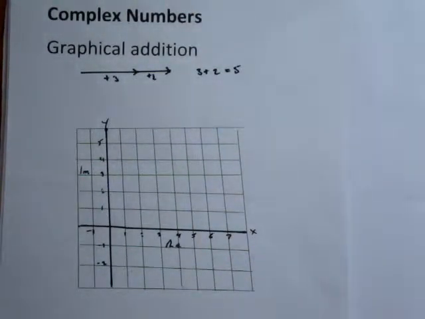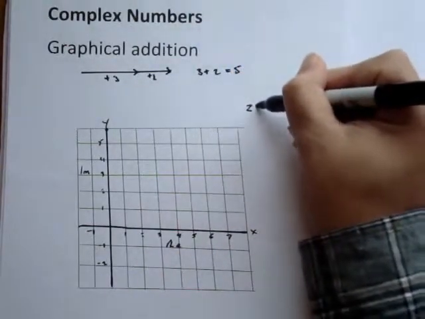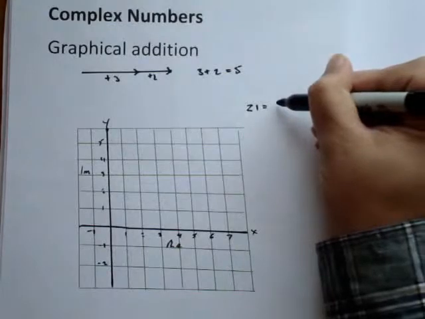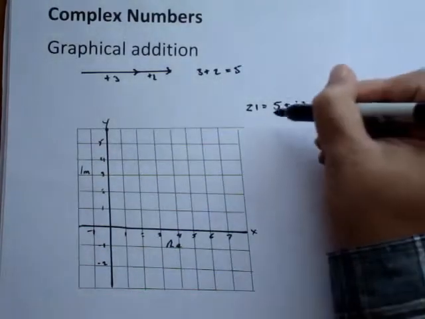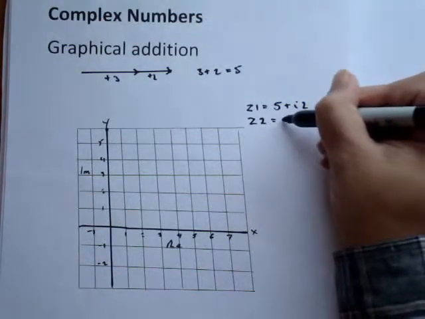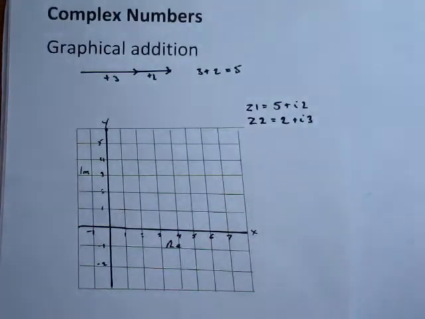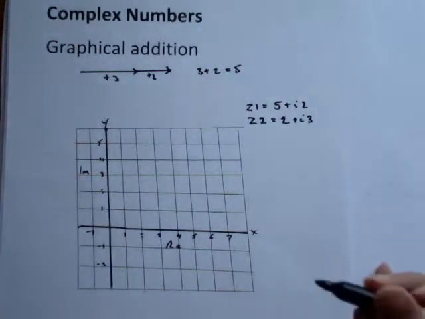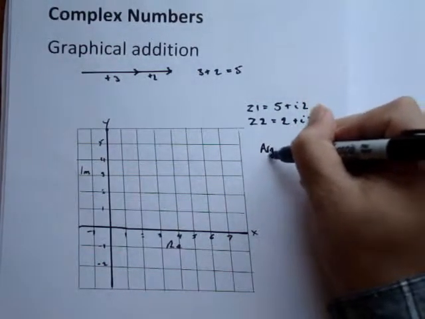For example, if we had z1 equals 5 plus i2 and z2 equals 2 plus i3, and we wanted to do the addition graphically using the Argand diagram.